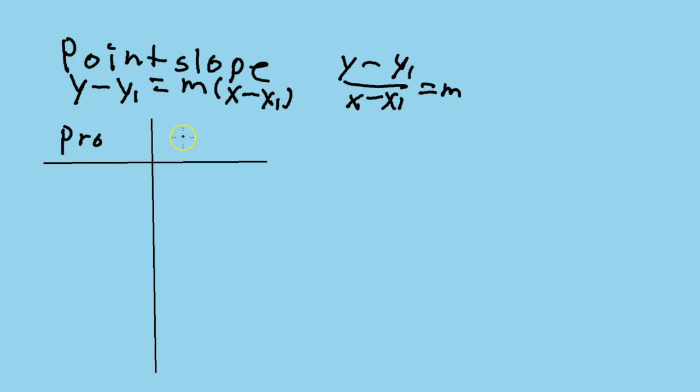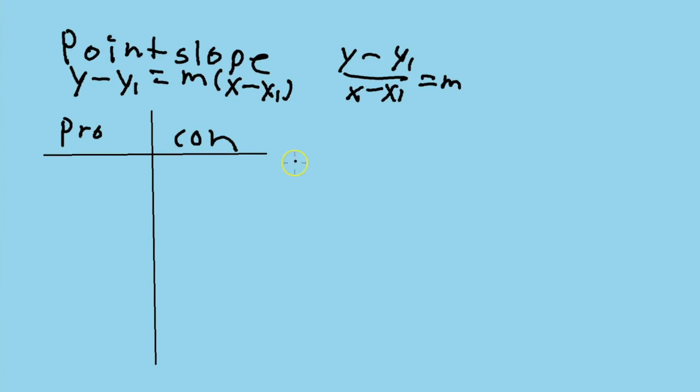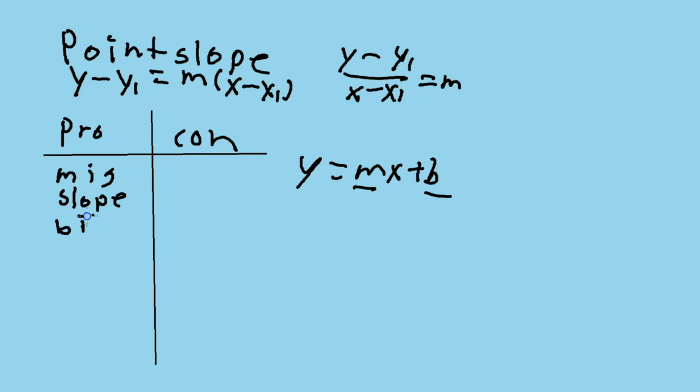Pro and con. For slope-intercept form, or y equals mx plus b, the pro is m stands for slope and b is the y-intercept.